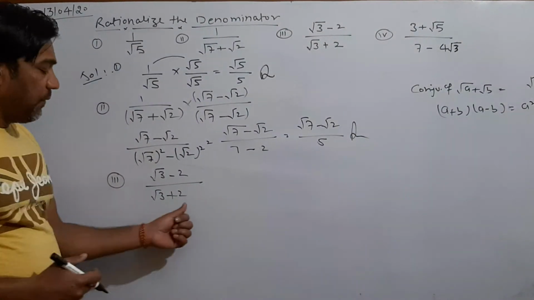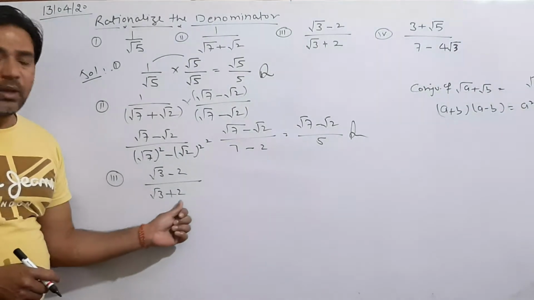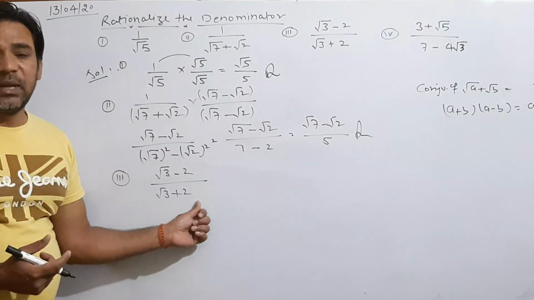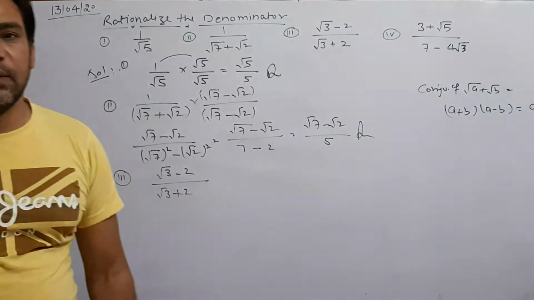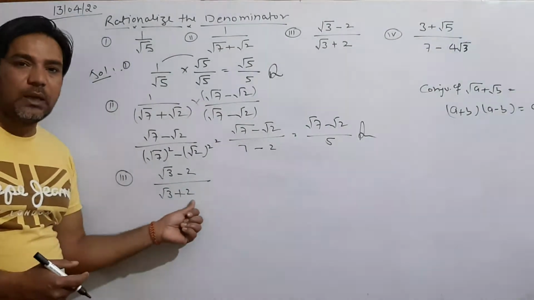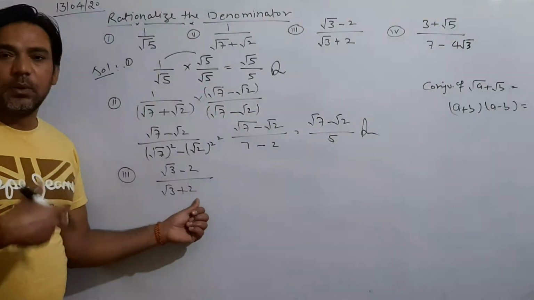But I think if we make a small change, like under root 3 plus under root 2, because under root 3 is a smaller number than root 2, the value of root 3 is 1.7 and this is 2, and 2 is greater than this, so we have to write the greater number first and then the smaller number, because a plus b is equal to b plus a.